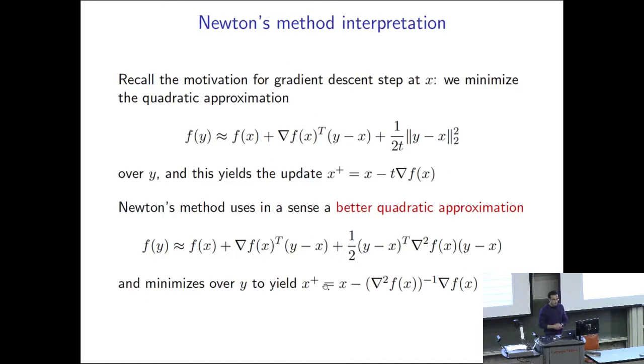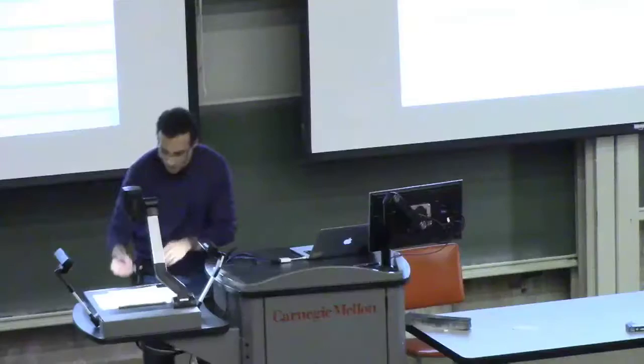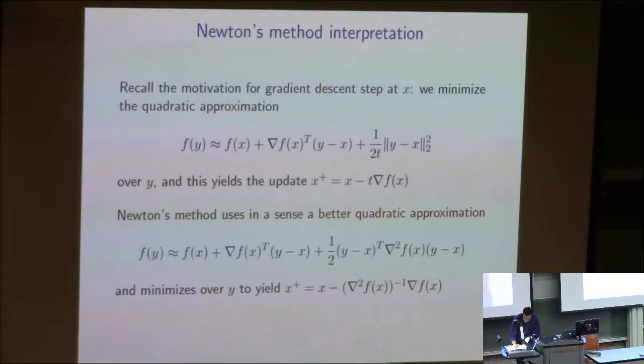So what's the motivation or interpretation for that? Let's go back to the motivating quadratic approximation we used for gradient descent. If I'm minimizing some convex function, at any point I can think about making a quadratic approximation to my function, at a particular point, like at the point x.